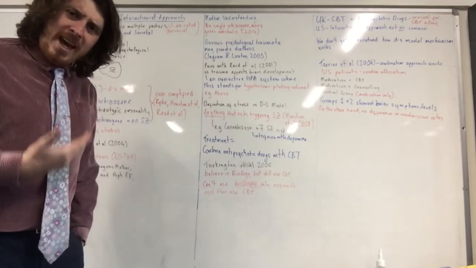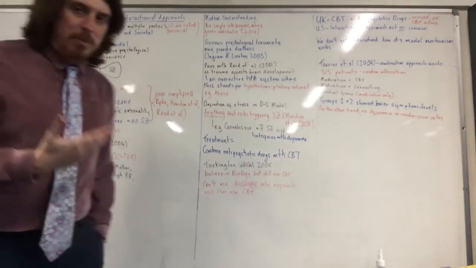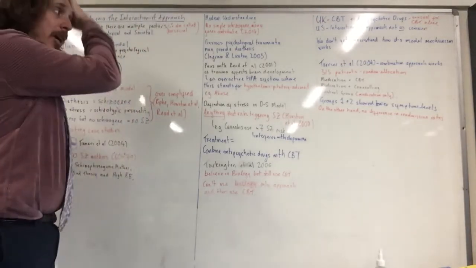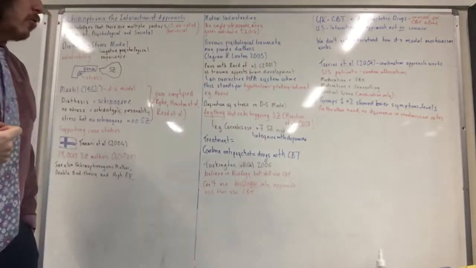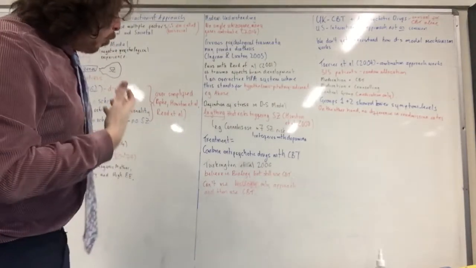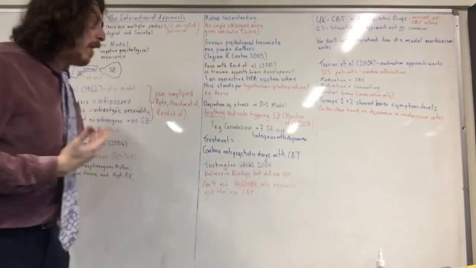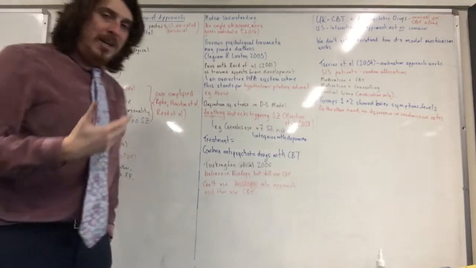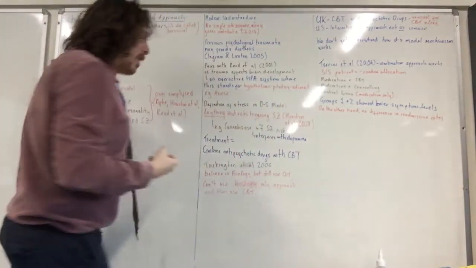Now, the way to get our head around this is to look at Read et al. and explain how this happens. Psychological trauma affects brain development according to the Read et al. study. And what that causes as part of the brain's development is an overactive HPA system. Now, HPA stands for hypothalamic pituitary adrenal.